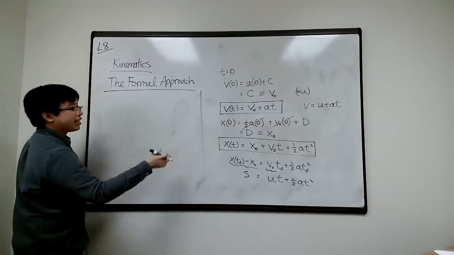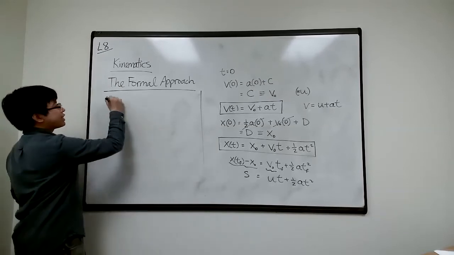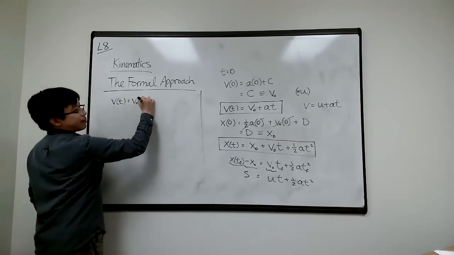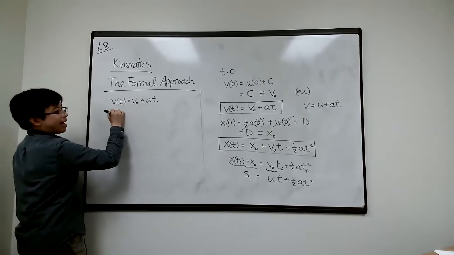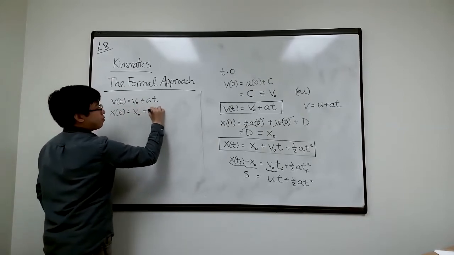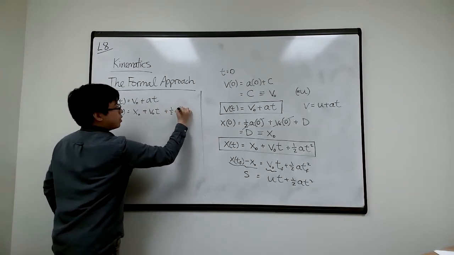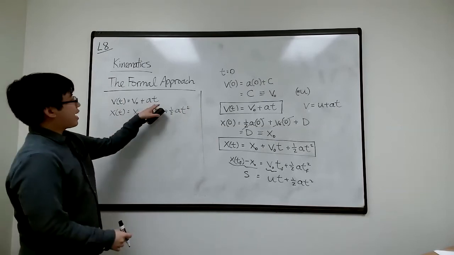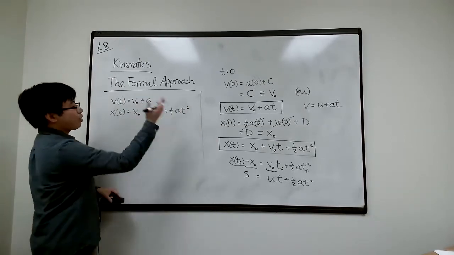So I'll just summarize. You have this one, you have this one, like this. Sometimes people want to be even more explicit and write this depending on your starting time.